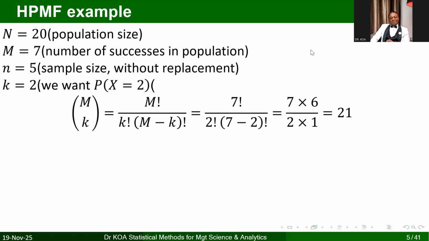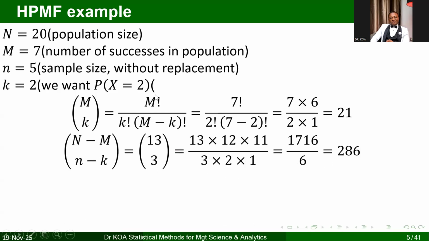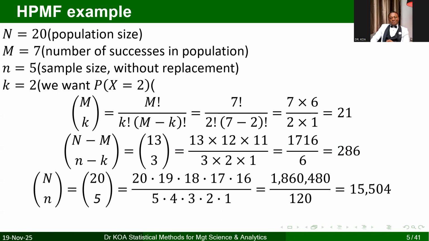Very good. You all did well by calculating N minus M choose n minus k. You all got 286, which is correct. And then you all got the next one, the combination of 20 and 5, which is 15,504. That is also perfectly executed. Very good. Once you have these, you can put them together.